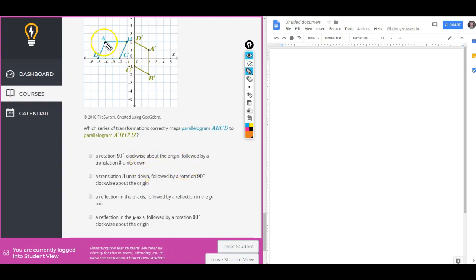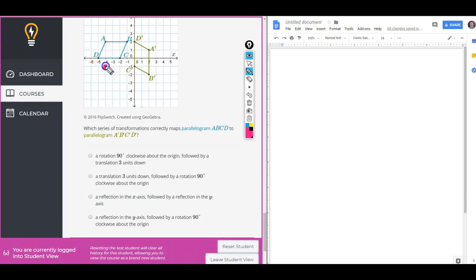Since I do notice that A prime is lower, I would first try the translation 3 units down. So if I translated this 3 units down, A prime would end up being right here. Not A prime. The first translation would end up being sliding it down 3 units. 1, 2, 3.